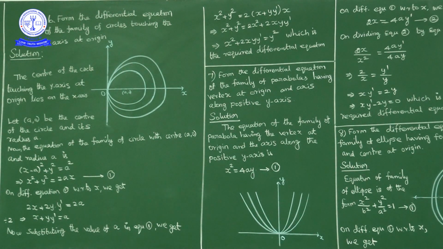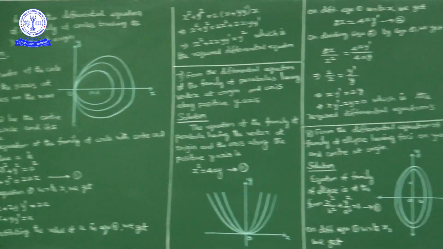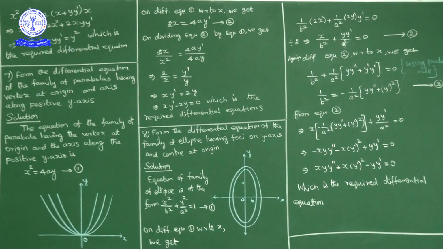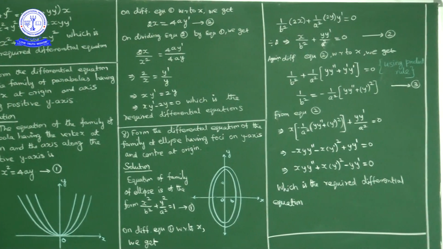Now again differentiating with respect to x. Okay, so what we get, x by b square derivative 1 by b square plus here 1 by a square constant, 1 by a square into y dash derivative. This is a product of two functions. Product of two functions derivative is first function into derivative of second function plus second function into derivative of first function.